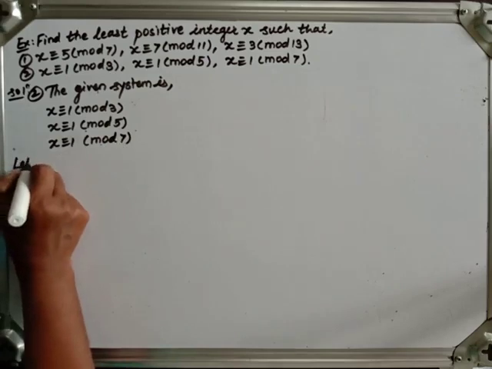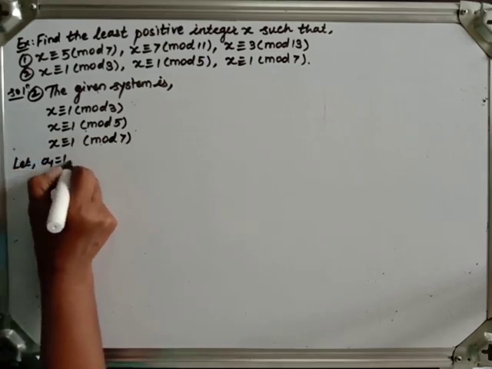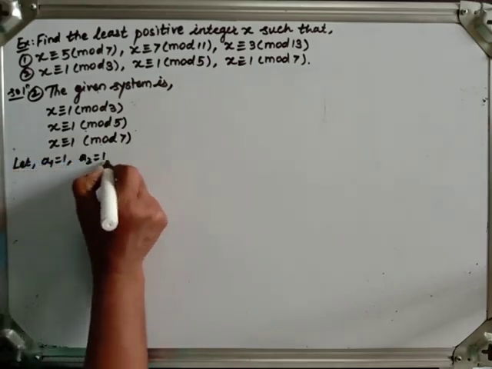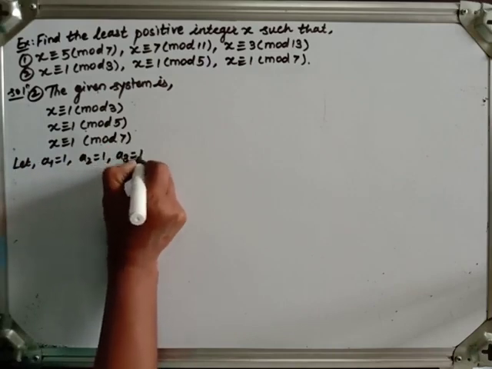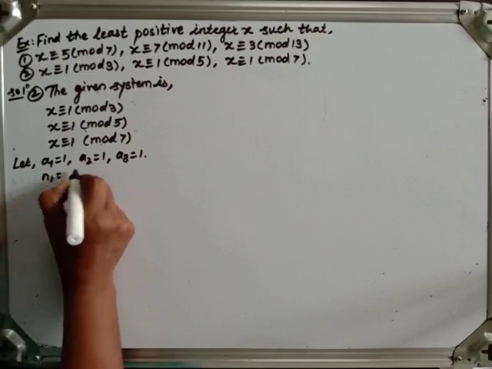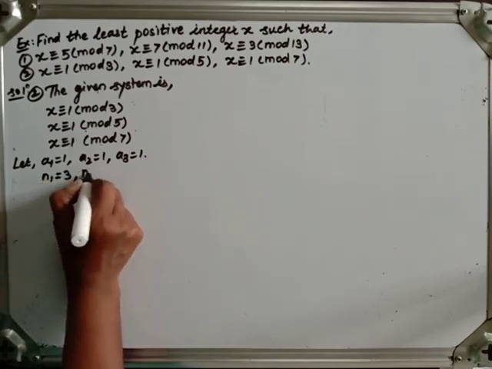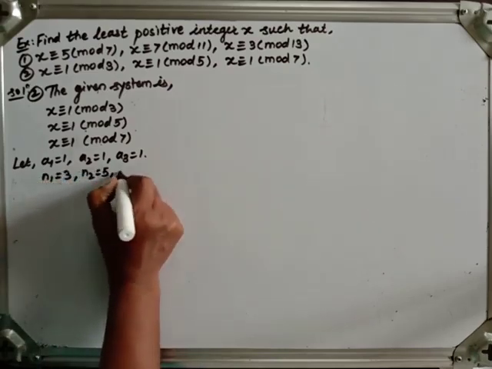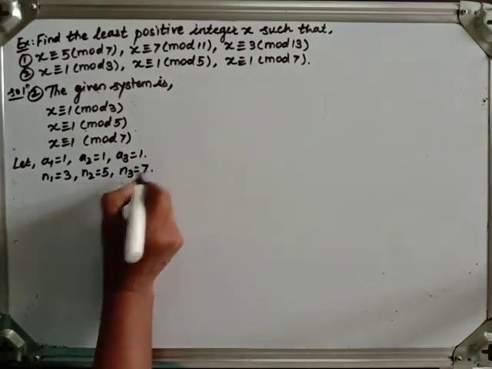So let a1 be 1, a2 is 1 and a3 is also 1. n1 is 3, n2 is 5 and n3 is 7.